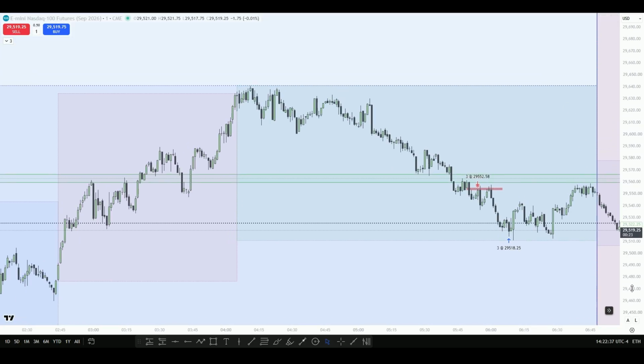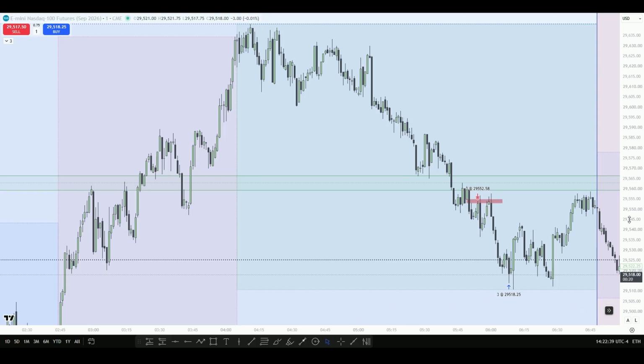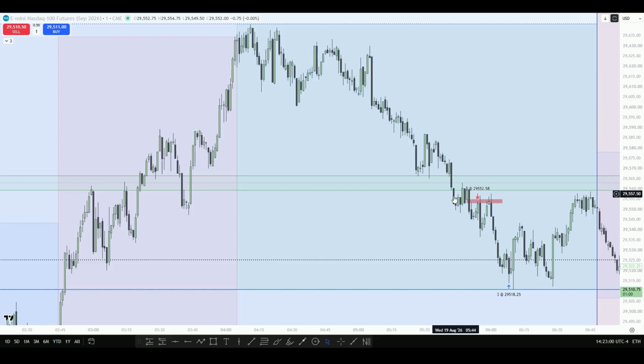I just happened to miss the initial part of the move, but then again, having the right narrative in mind and the way we displaced below this new day opening gap, so we displaced below it, then returned back to it, stopped at the midpoint and displaced again. So that second displacement is now my entry.